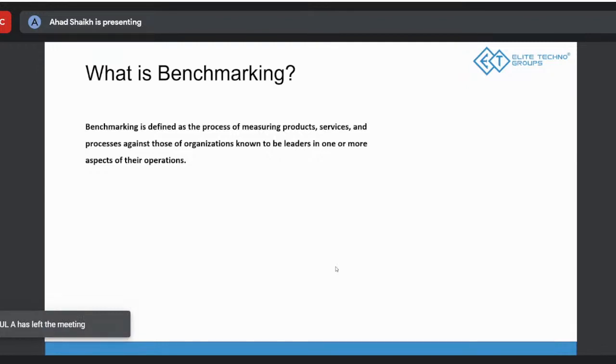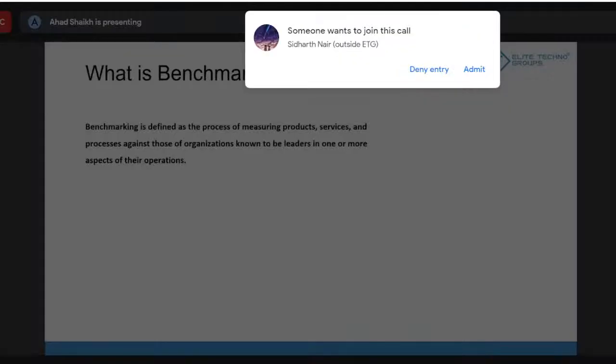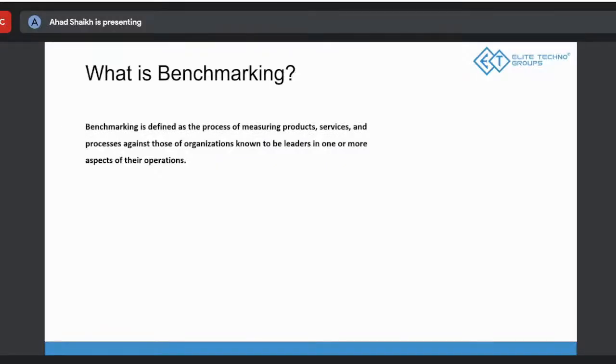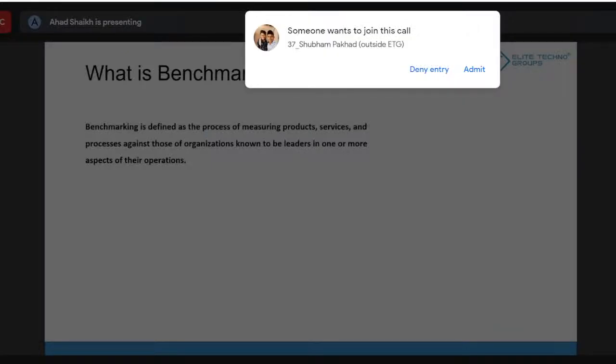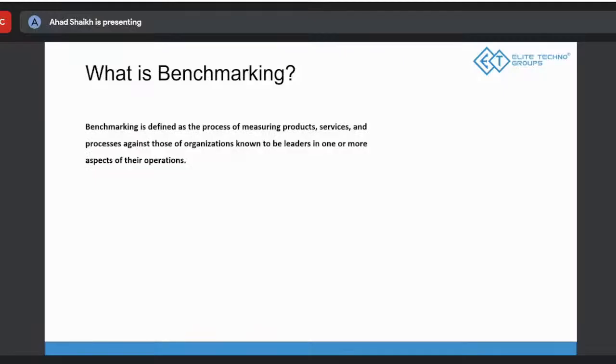So basically, when you are the owner or developer of some product and there are other people in competition, you can measure your product, your service, or the strategies that you follow against other companies and services available. You can compare whether you are performing well or badly in this domain. Those things are called benchmarking.